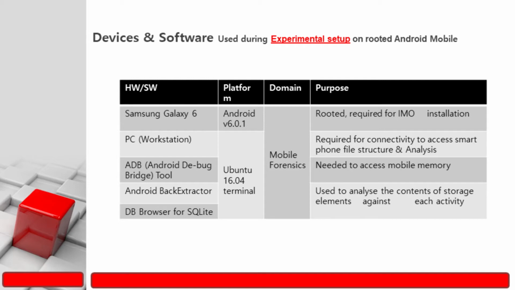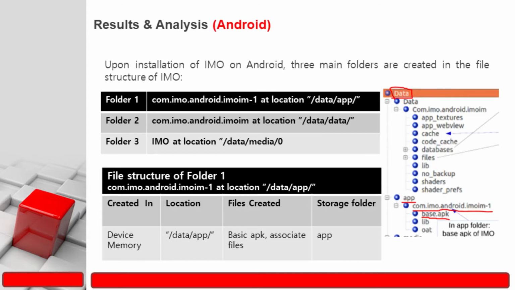We need the Android Debug Bridge tool in order to get access to mobile memory. We also need the Android backup extractor and DB Browser for SQLite to analyze the content of storage elements against each user activity. Results and analysis.